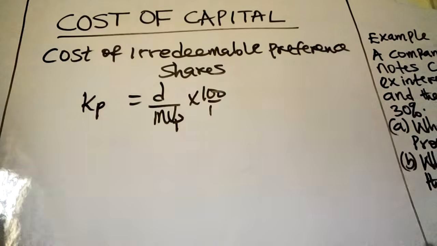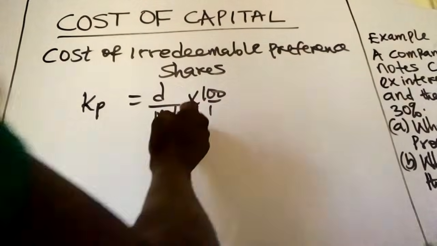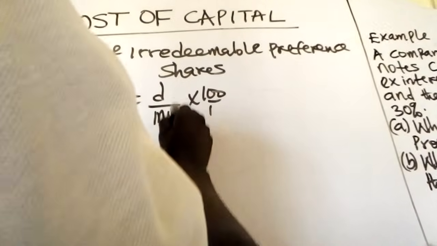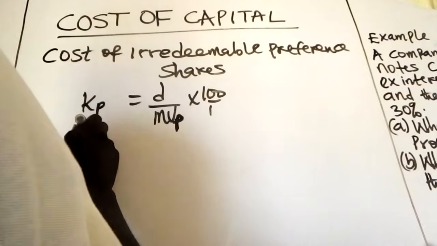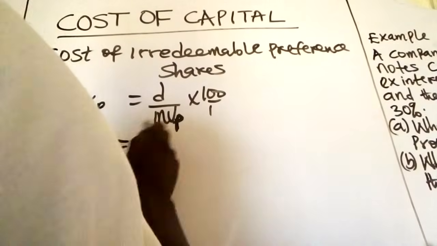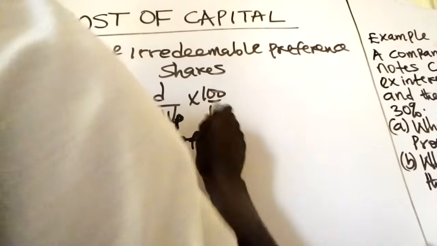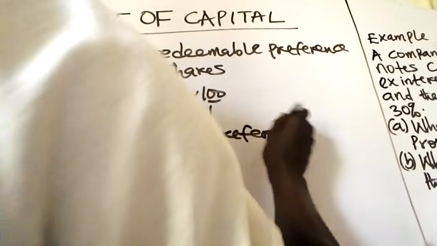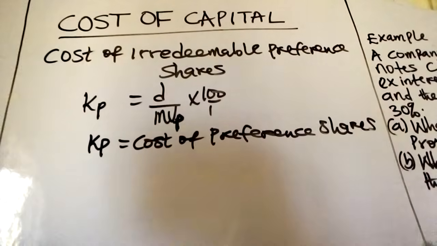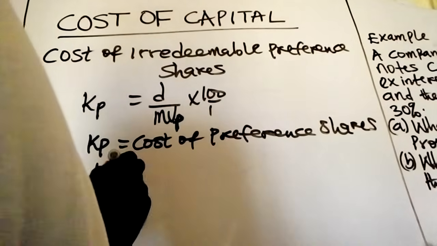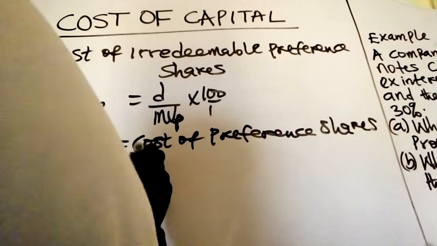Dividend over the market value. I've told you that this market value of preference share must be ex-div. The Kp stands for cost of preference share. The D stands for the current dividend paid or payable.